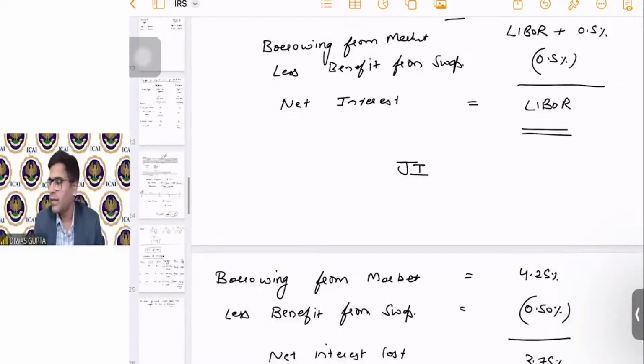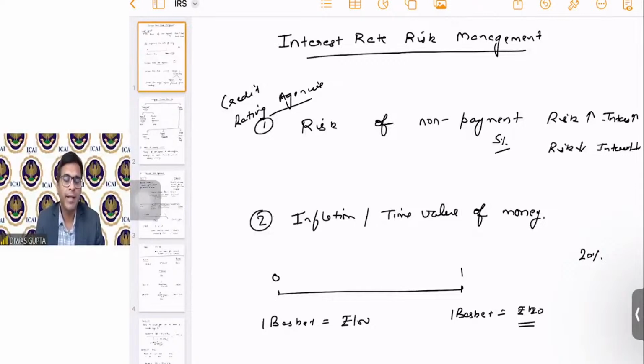So students, we started about the interest rate risk management from the very first underlying principle, which is interest as a percentage or interest as an element is never fixed. It keeps on changing. And it keeps on changing because of many reasons, primarily two of them for which interest is being paid: one, risk of non-payment, and second is the inflation or time value of money. Because of these, the interest rates has to be paid.